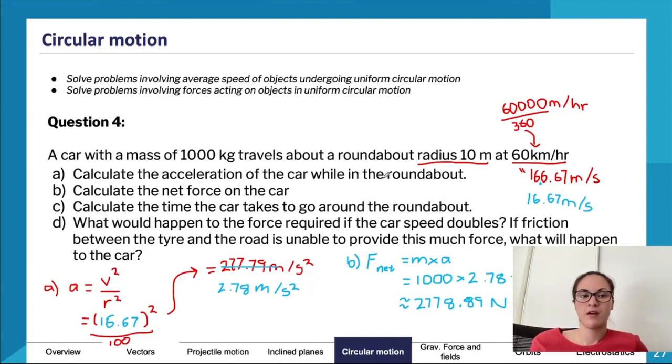But yeah. Now to answer the second question, if friction between the tire and the road is unable to provide this much force, what will happen to the car? Well, this is essentially just about the concept of speeding. If you go too fast on a road that can't handle that much force, that much acceleration, the car will go out of control and just spin and eventually crash.